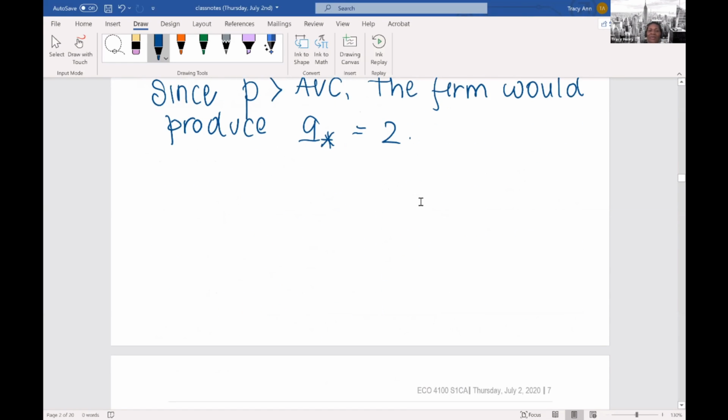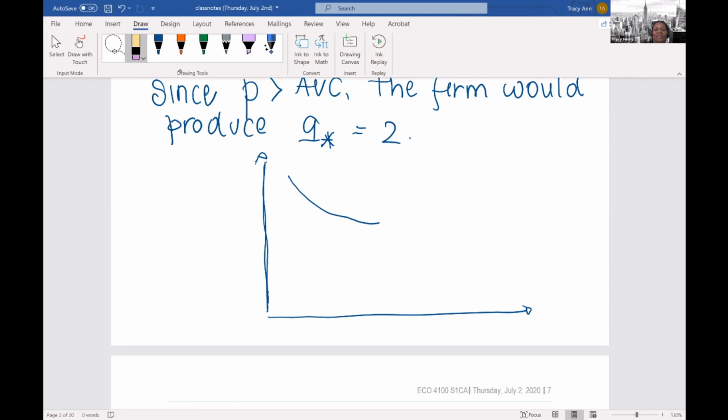So you'll understand what's going on. Here's a graph. Here's what is really happening. Let's put this at the bottom so I have more space.